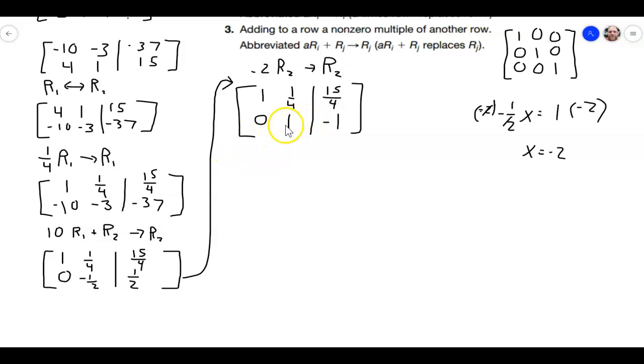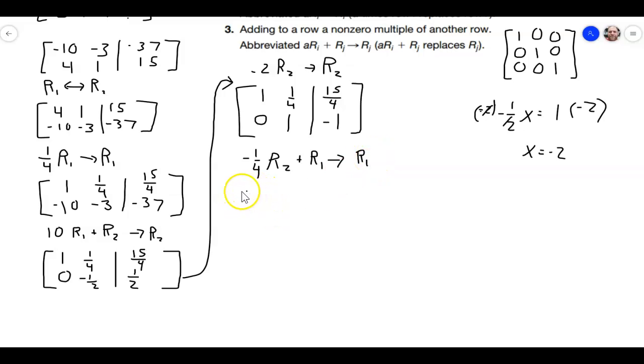So really, once you get the 1 here and you want to find out what to multiply to 0 this out, just take whatever's there and take the opposite sign. This is a positive 1/4, so we need a negative 1/4. So negative 1/4 times row 2 plus row 1 is going to give me my new row 1.